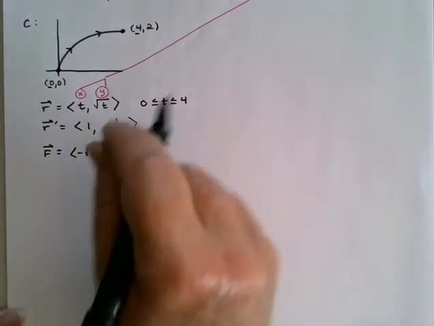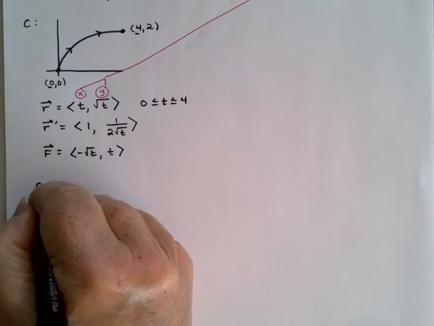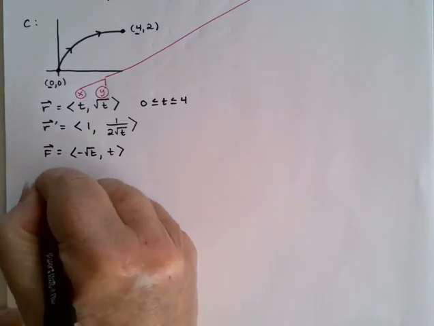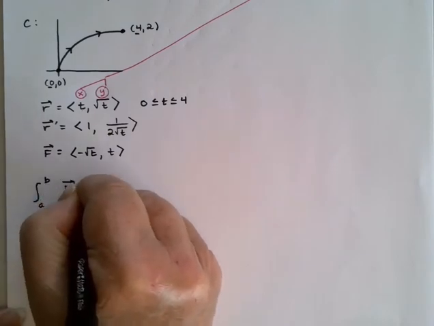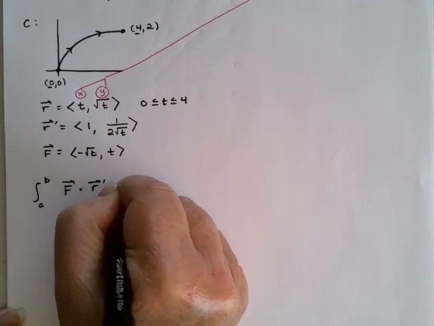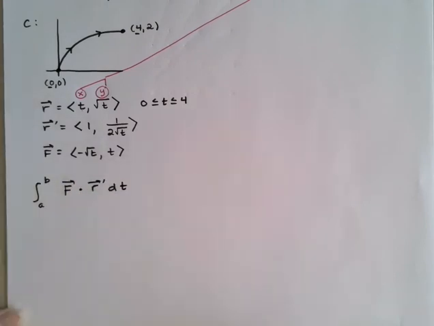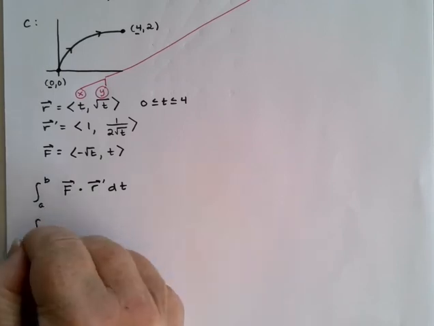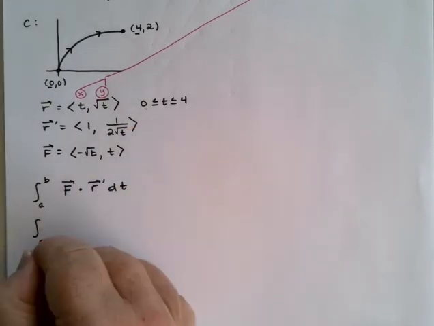So even though it says f dot T ds, I know that I always evaluate it as f dot r prime dt. Don't want that ds integral. All my variables are t's. In this case, my t's go from 0 to 4.